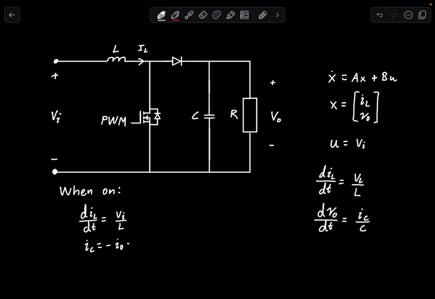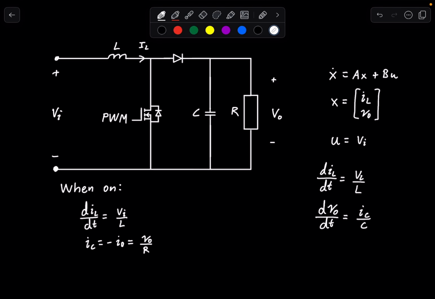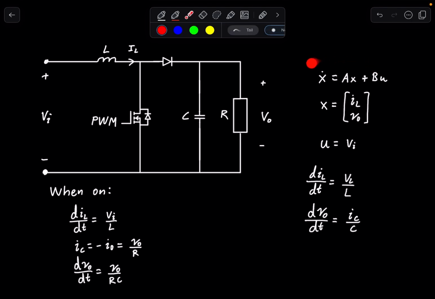And the current on the output is equal to the output voltage over R. So we can put this into this equation, and we get that the change of output voltage over time is equal to VO over RC.